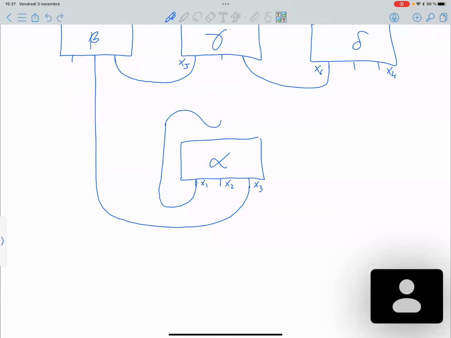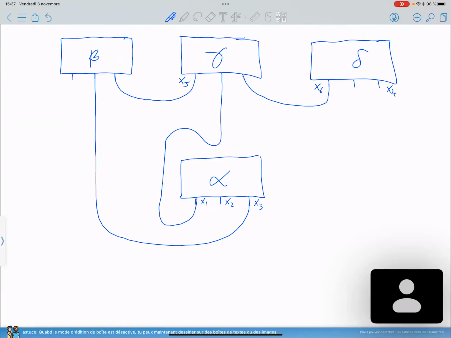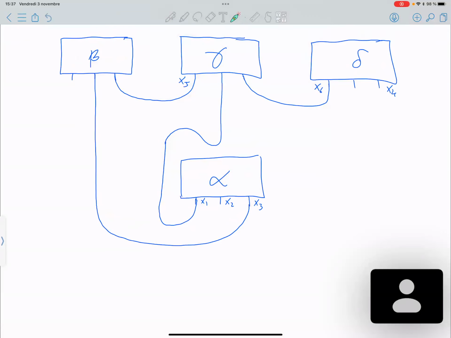In fact, this zigzag is only required for the picture. Otherwise, you can directly say we go from here to here. But because of the pictorial representation, we need to put a zigzag. But this is the same as identity, so it's no problem.